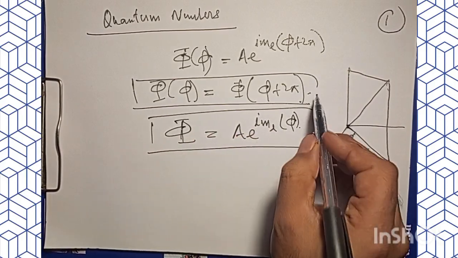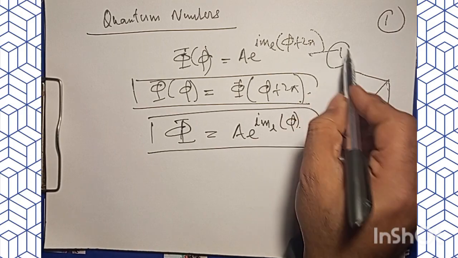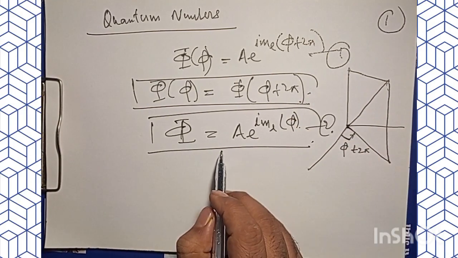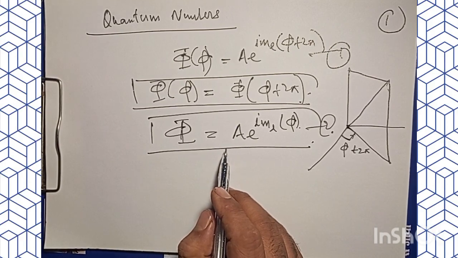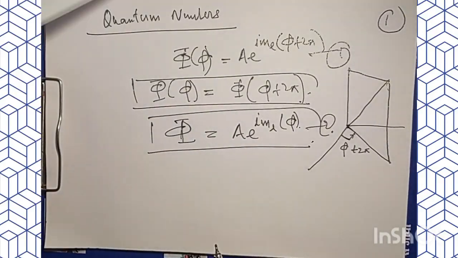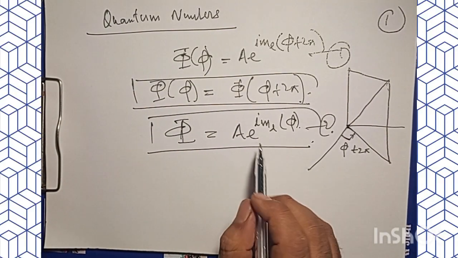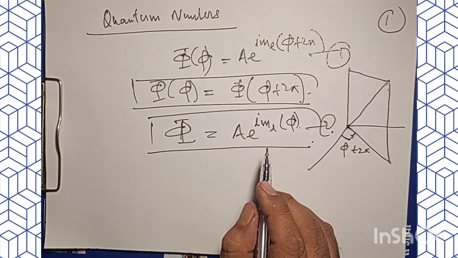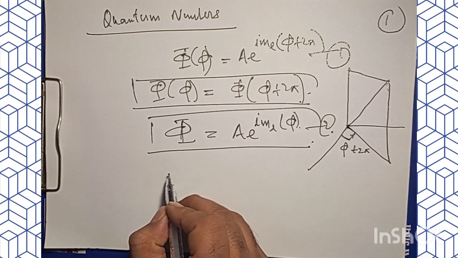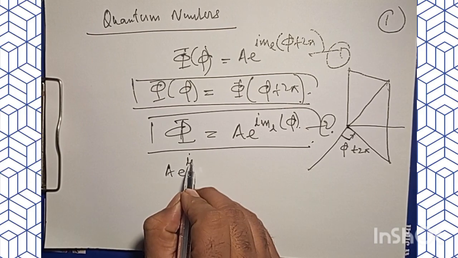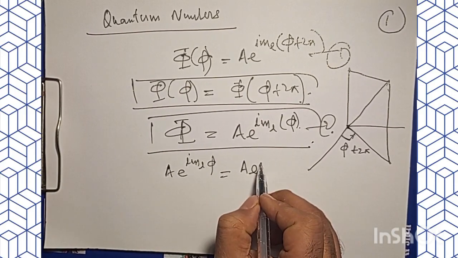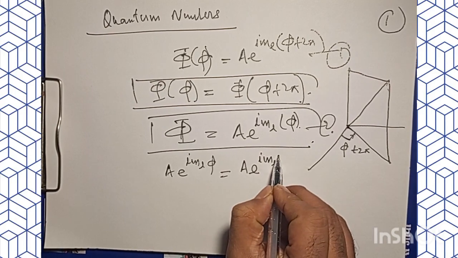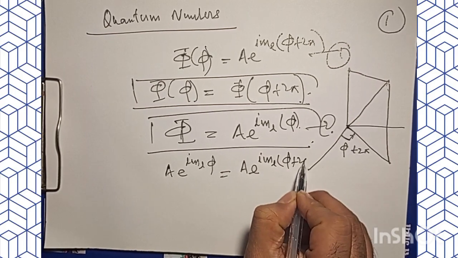If we compare these two equations, this will be the solution that we choose for the differential equation in terms of the azimuthal angle, and then we can see that this function is periodic, and we can have A e to the power of i ml phi equal to A e to the power of i ml times phi plus 2 pi.